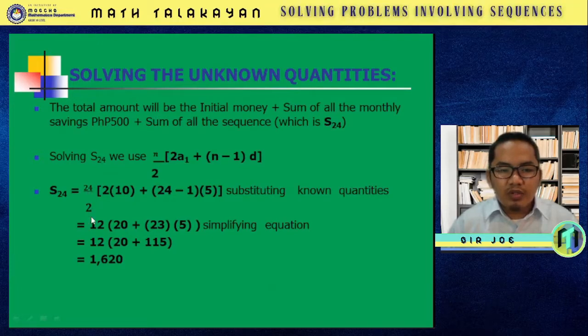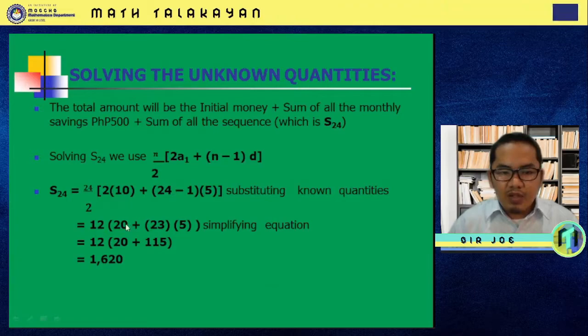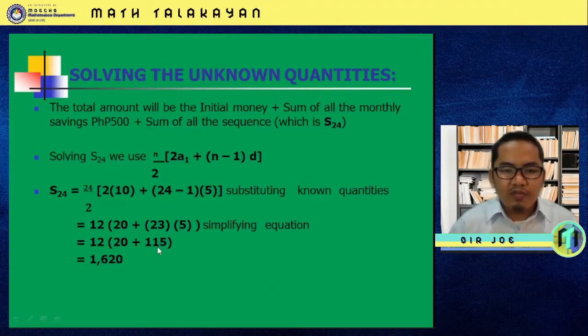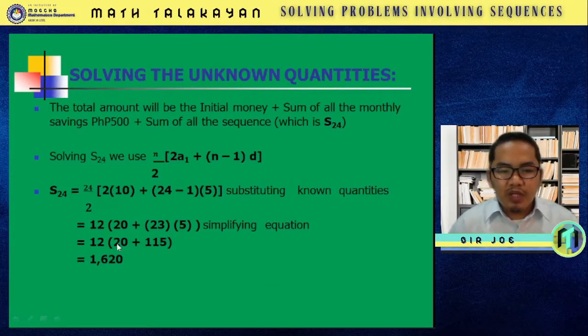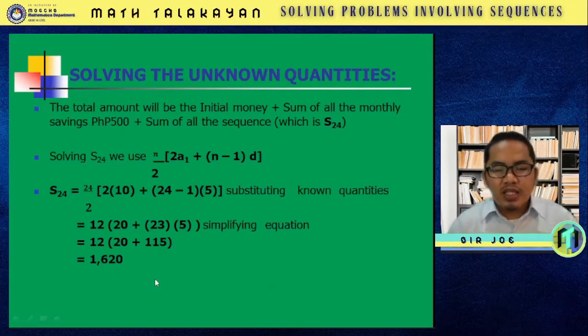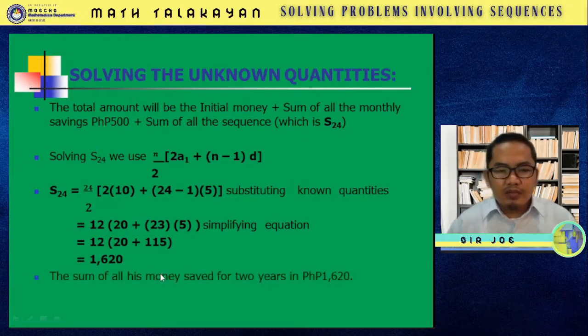24 divided by 2 is 12. 2 times 10 is 20. 24 minus 1 is 23, times 5, which is 115. Plus 20, times 12, which is equal to 1,620.